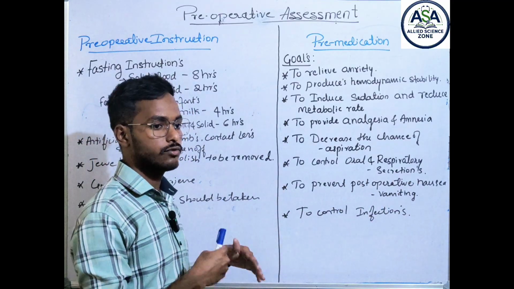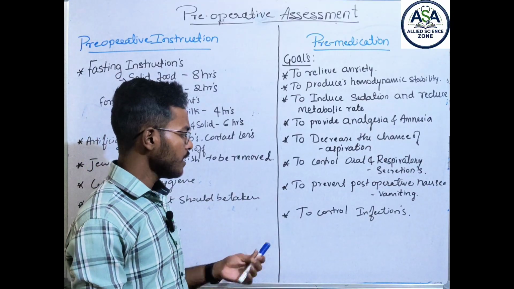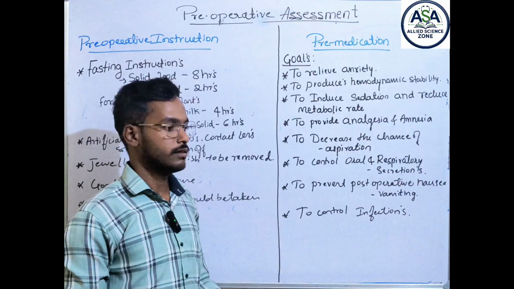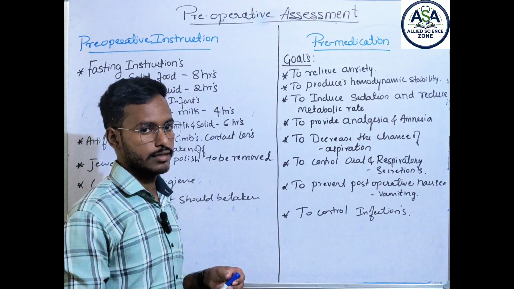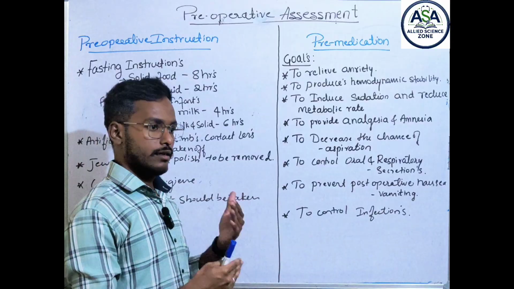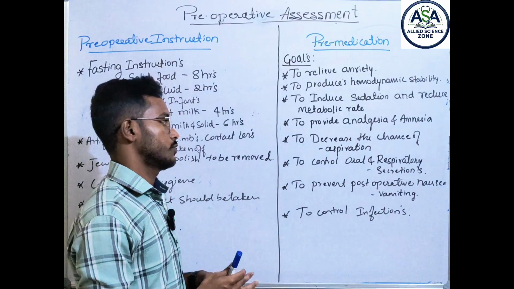Intraoperative nausea and vomiting are also controlled by antiemetics. To control infections, antibiotic prophylaxis should be given in prolonged surgery, as well as post-operatively and pre-operatively.